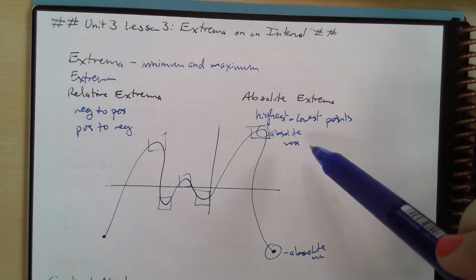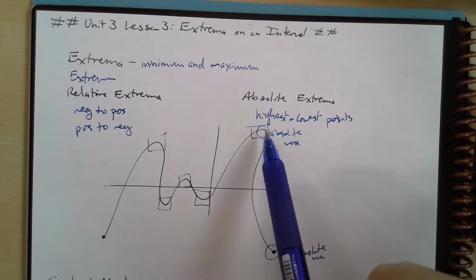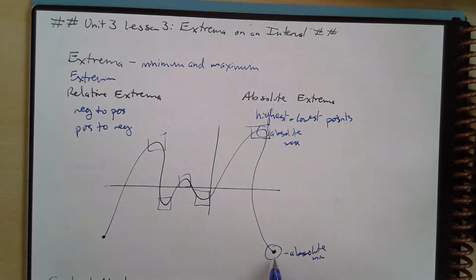You can see that we have a relative and an absolute extrema at this unlabeled point, but only an absolute minimum at this other point. I want to point that out because you'll be asked to identify them in calculus quite a number of times.